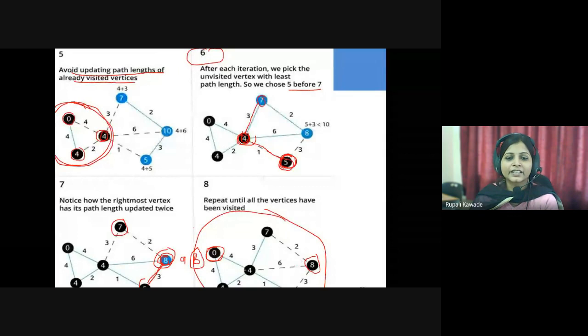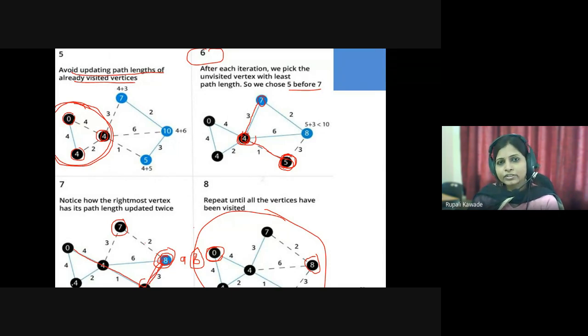How did this 8 come? 0 to 4, 4 to 5, and 5 to 8. So the total length comes to 8. In this way, for any graph, they can ask you to find the shortest path from the given node towards all the remaining nodes.